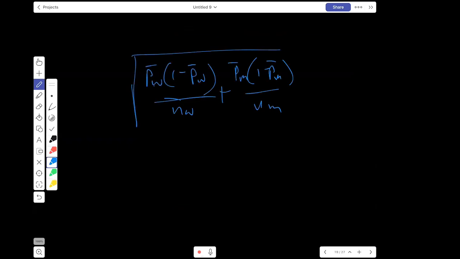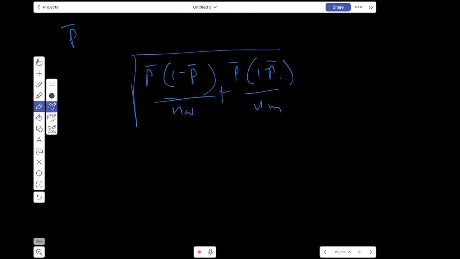So what happens now is that we've calculated P bar, which is obtained by blending the two. And now if I just erase these, everywhere I have P bar W, for example, I would replace it by P bar, the single estimate. And P bar M, I'll replace it by P bar. So those values are now replaced by the common value.